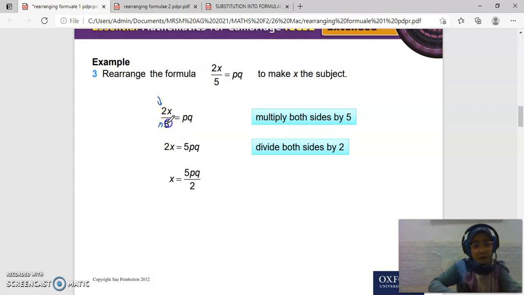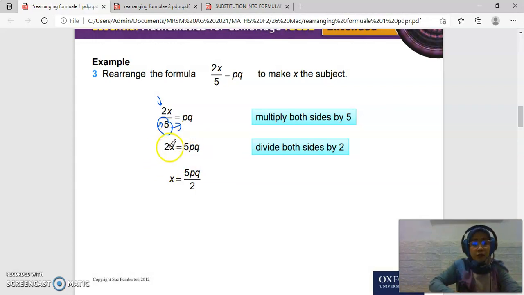For this one it is 5. So 5, you bring to the other side, it will be multiplication since it's located in the denominator. The denominator is actually the operation of division, so you bring it to the other side, it will be multiplication. So 5 times p times q.